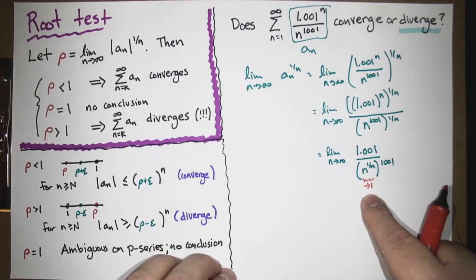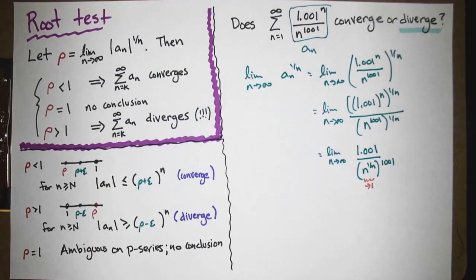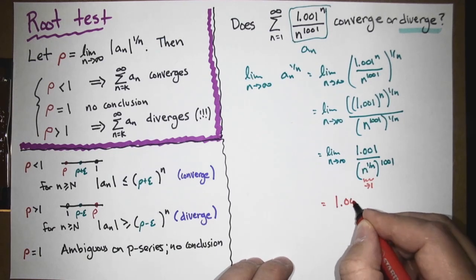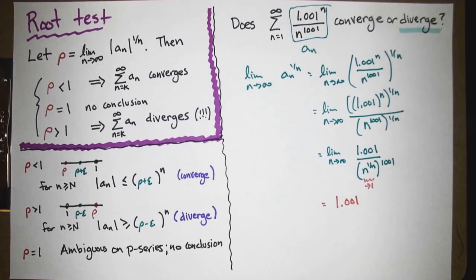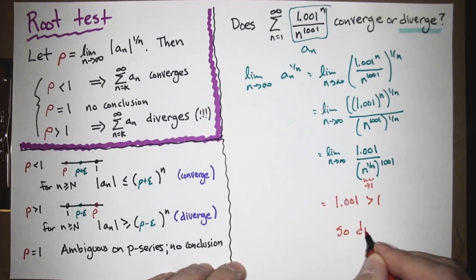So if this part goes to 1, then this goes to 1 to the 1001. 1 to the 1001 is also known as 1. So our limit is 1.001. And what's true about 1.001 compared to 1? It's bigger than 1. So this diverges by the root test.